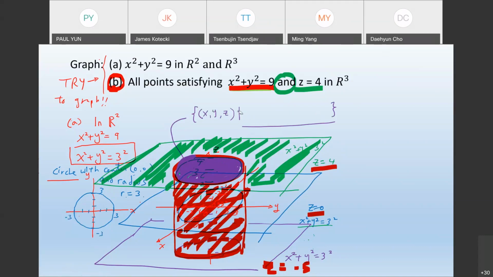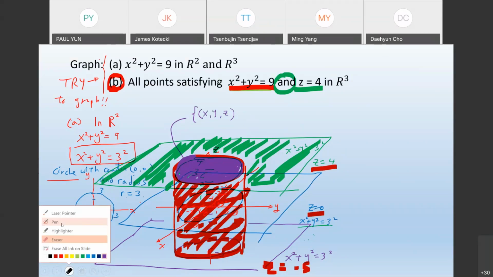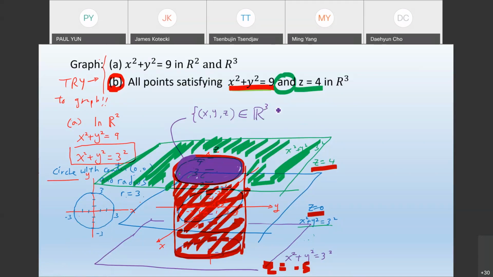The better way you could say this is, how about this? All the points, maybe sometimes this is a good notation. All the points in the space, find what? All right. Good job, Cameron. Cameron, correct, everybody?